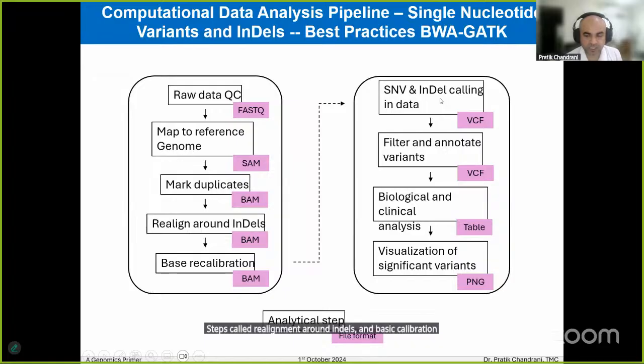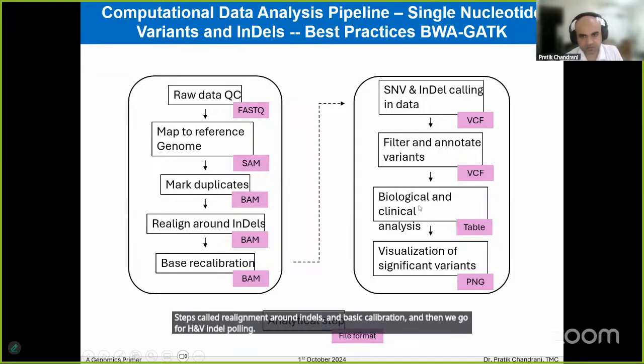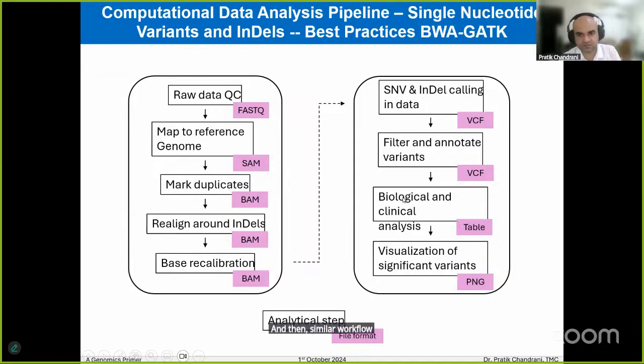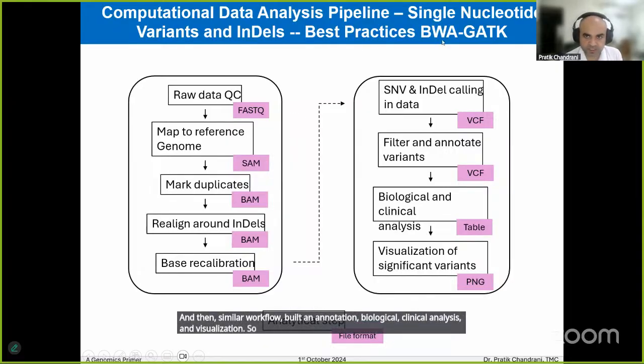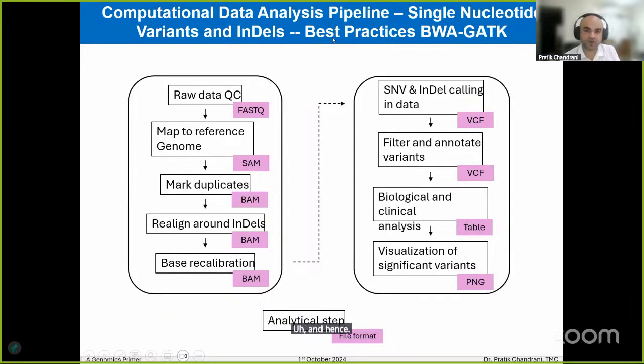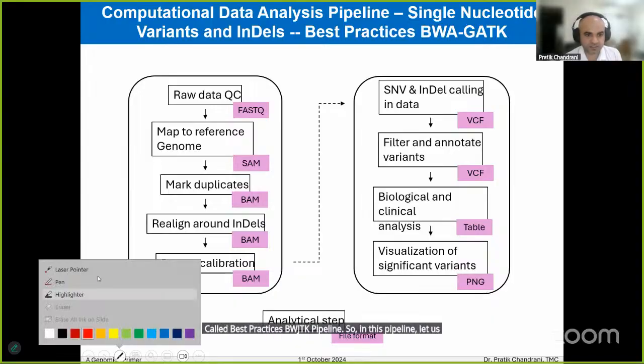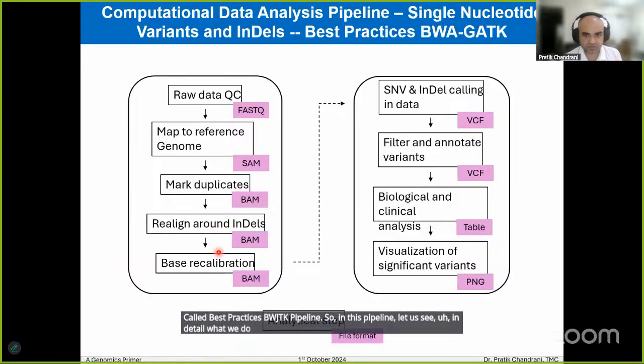And then we go for SNV and indel calling, and then a similar workflow: filter, annotation, biological and clinical analysis, and visualization. These two steps have been specifically developed by the GATK team, and hence this has resulted in a very widely and popularly used pipeline called the best practices BWA GATK pipeline. So in this pipeline, let us see in detail what we do in these two steps.